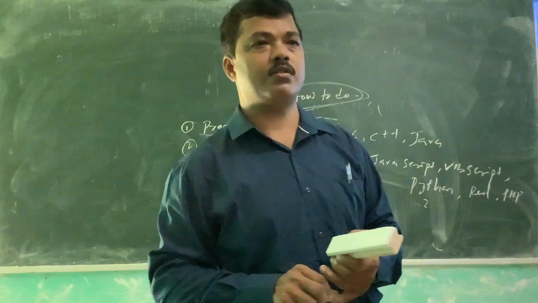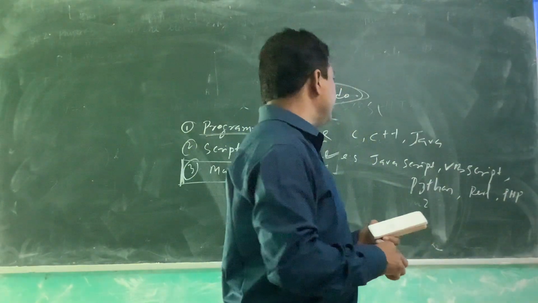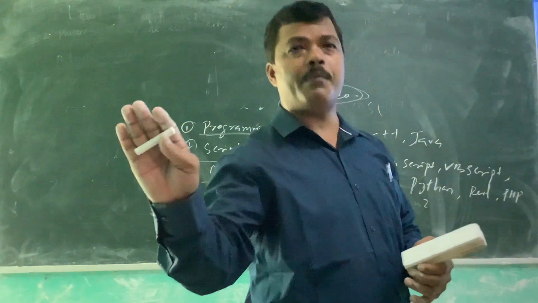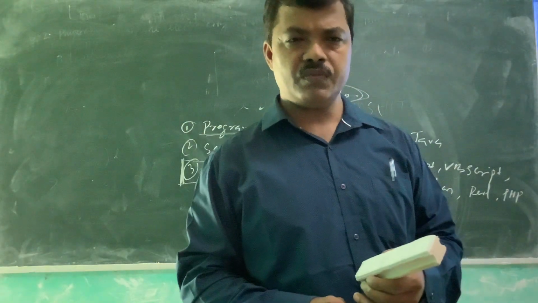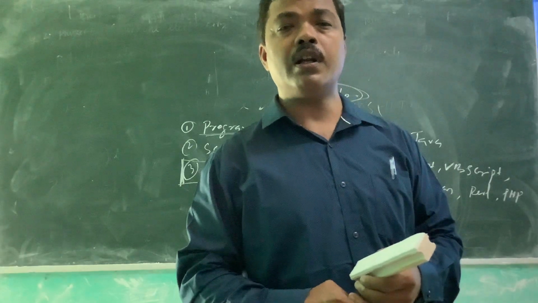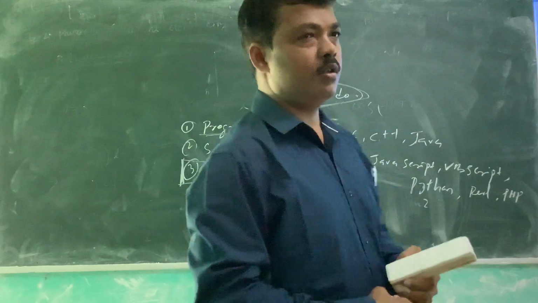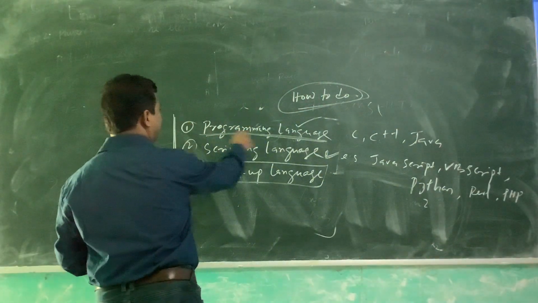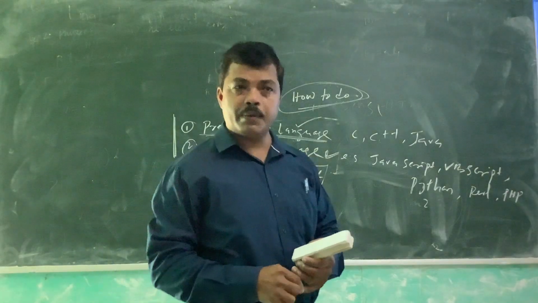The layout is determined in the markup language, and there is no need of a translator or language processor like an interpreter or compiler, unlike programming languages and scripting languages.